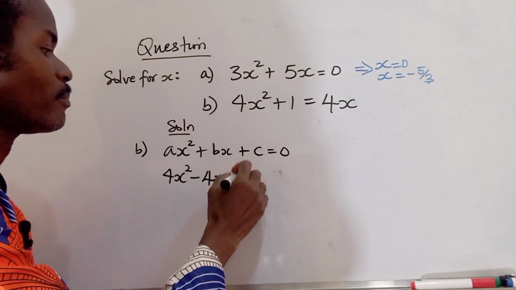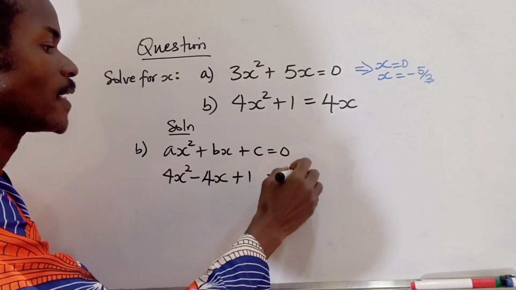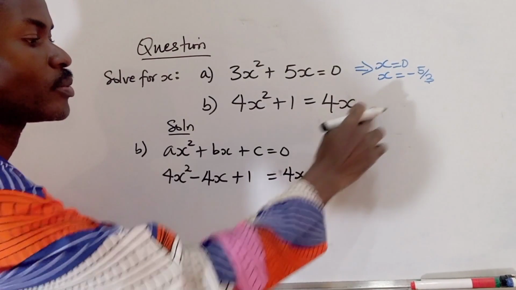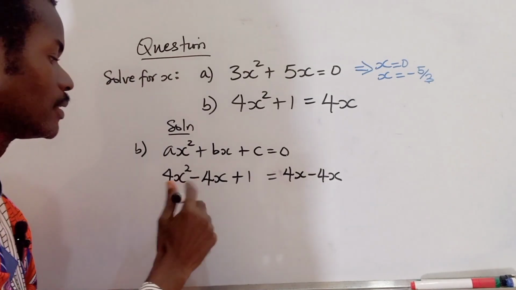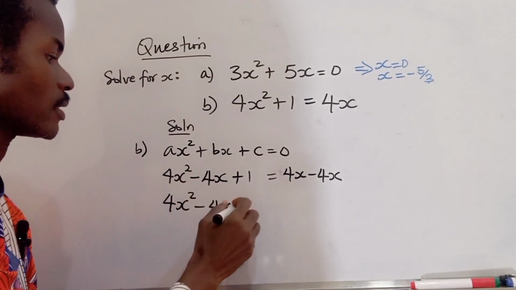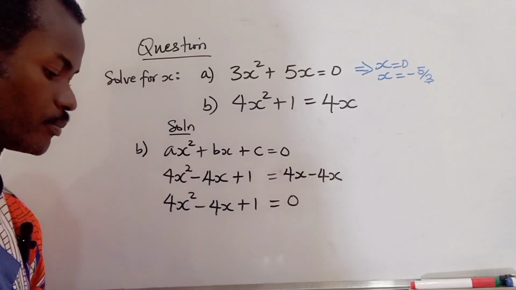Remember we have plus 1. So it's equal to 4x minus 4x. Making this side 0, we subtract 4x from it and also put our 4x here. So we have 4x squared minus 4x plus 1 is equal to 0.